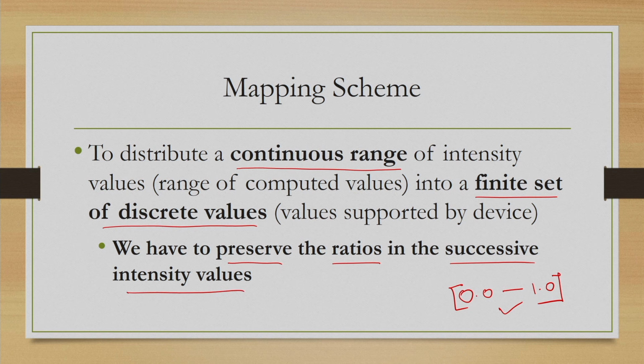If we preserve the ratio in the successive intensity values, then even if we are approximating a computed intensity to a device supported intensity, the resulting image will not appear to be distorted.